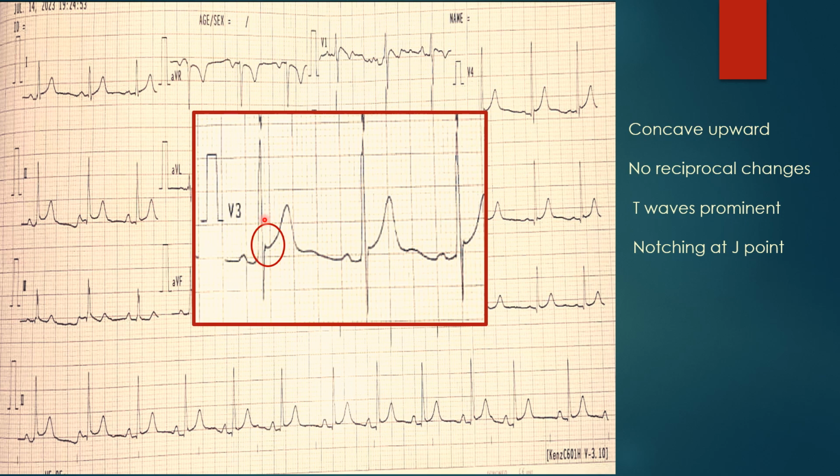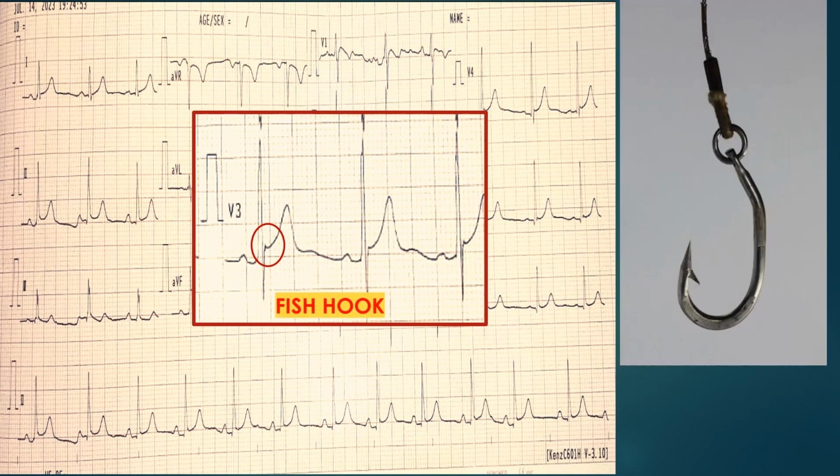This is the end of the QRS, and this is basically the J point over here that is being elevated, producing ST segment elevation, and this is in the form of a notch. So it has a specific pattern that we call the fish hook appearance.